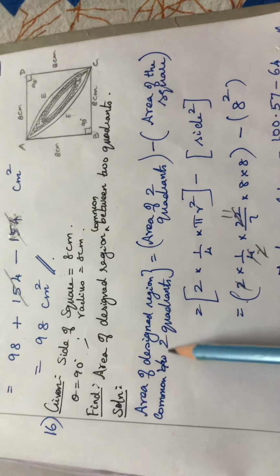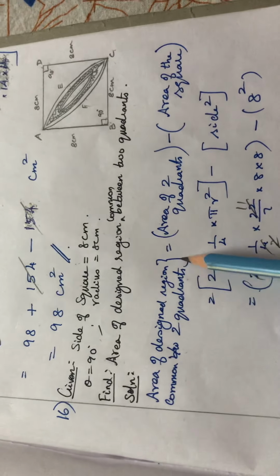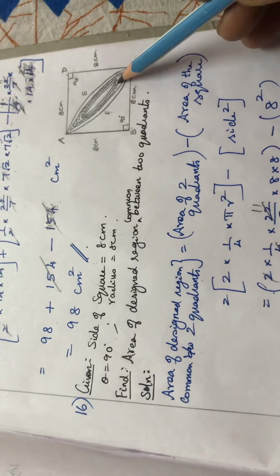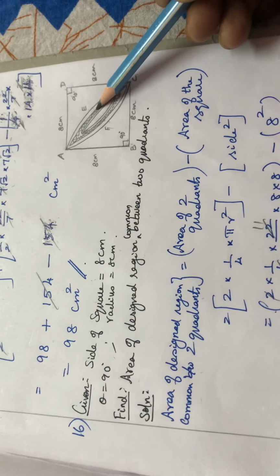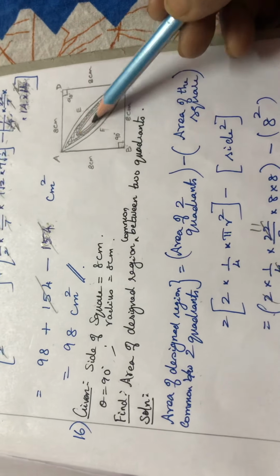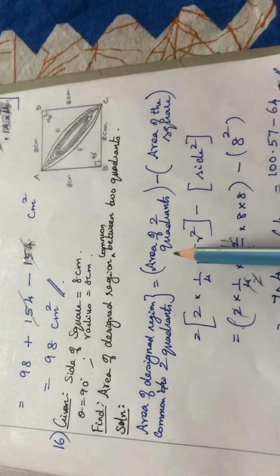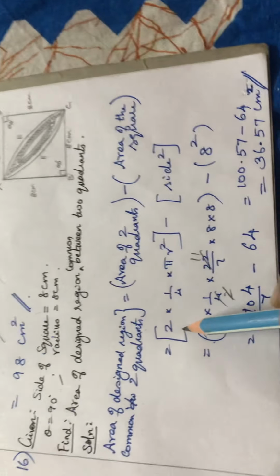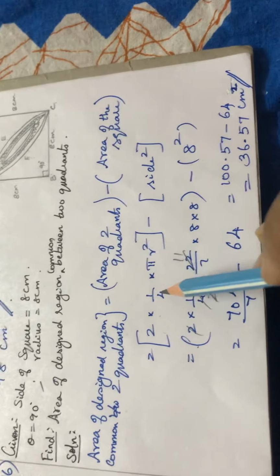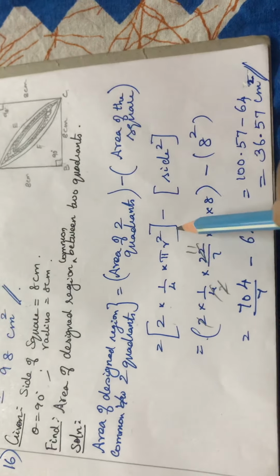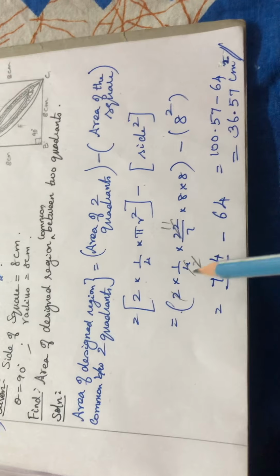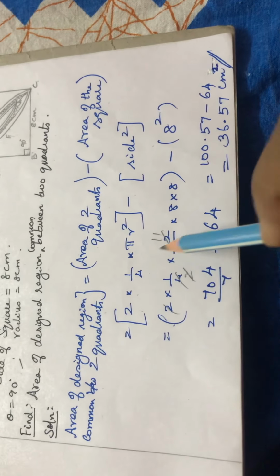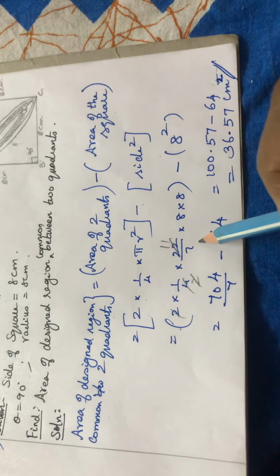So the area of the design region common between two quadrants is the area of the two quadrants minus the area of the square. This is the first quadrant and this is the second quadrant, minus this area will give you the common region. So 2 times quadrant. So 2 into, what is the quadrant formula? 1 by 4 into pi r square, minus area of the square, side square. So 2 into 1 by 4 into pi value 22 by 7.